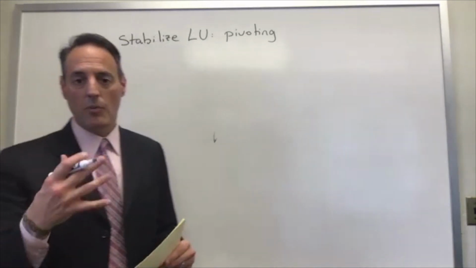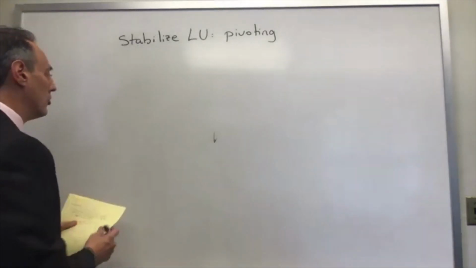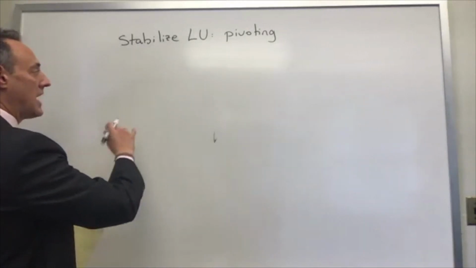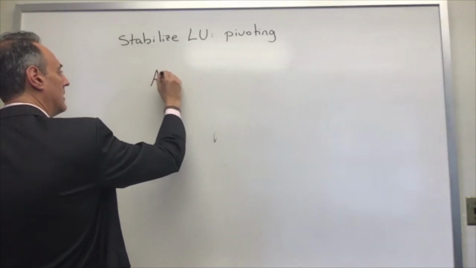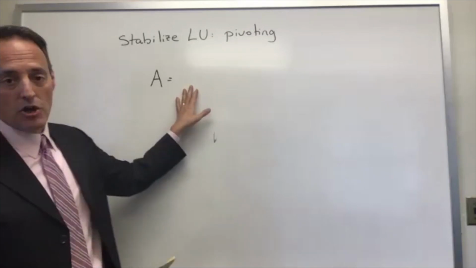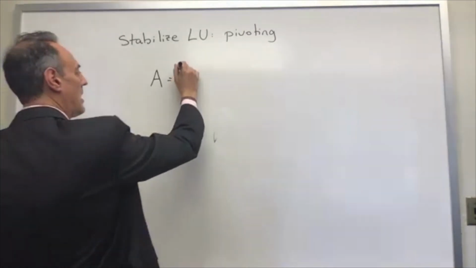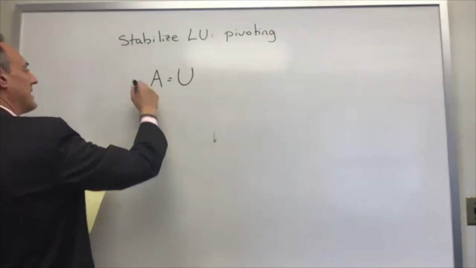So let me remind you what we did last time for LU. The entire goal of LU was to think about taking a matrix A and through Gaussian elimination, turning it into an upper triangular form, right? So we want to turn it into this through a set of operations.